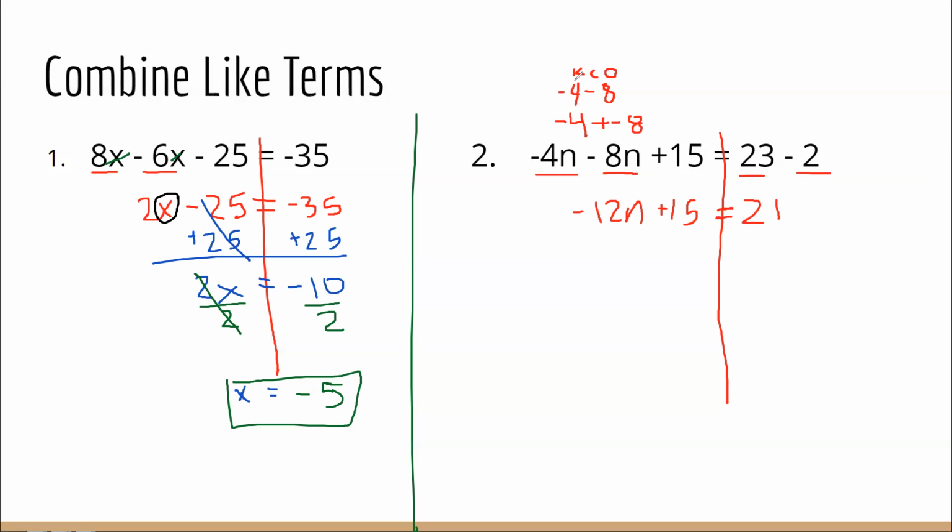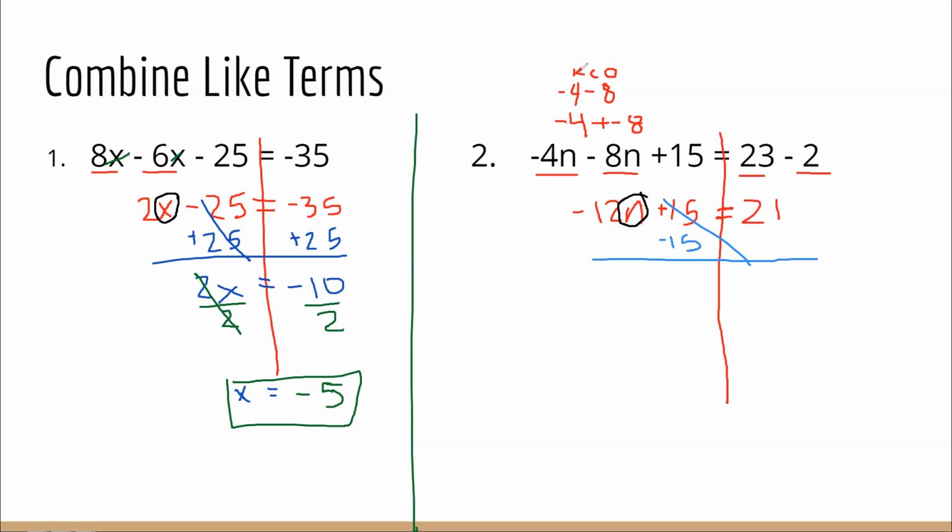So the first thing that we're going to do once we get it down to a 2-step equation is we're going to be taking care of our addition subtraction first. So there's my variable n. 15 is being added to the n. So we are at a positive 15. So if I do a negative 15, that's going to bring me down to 0.